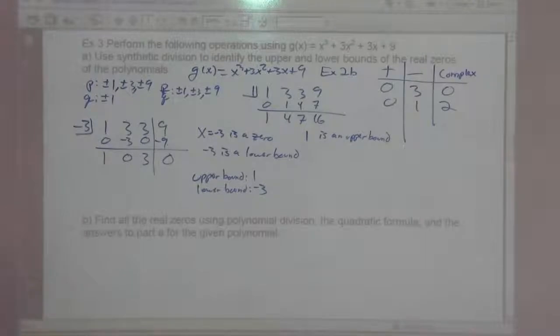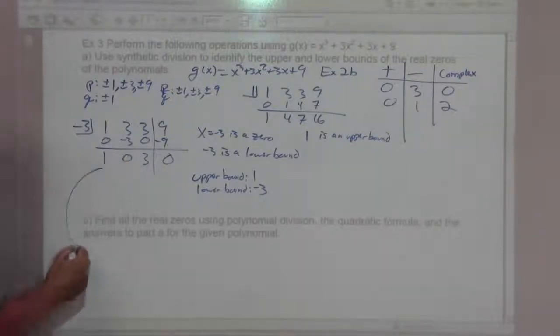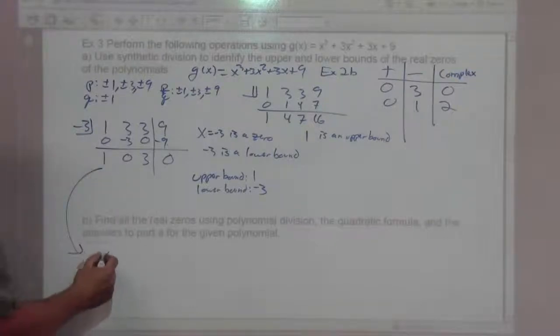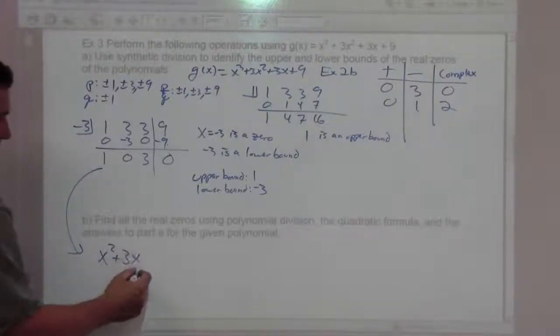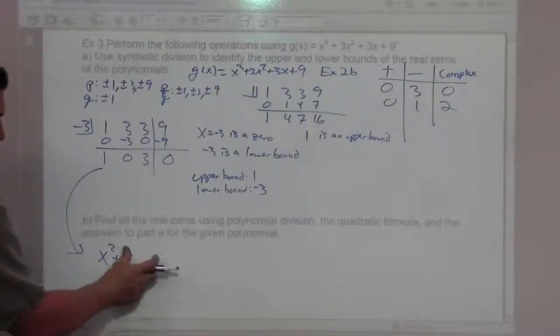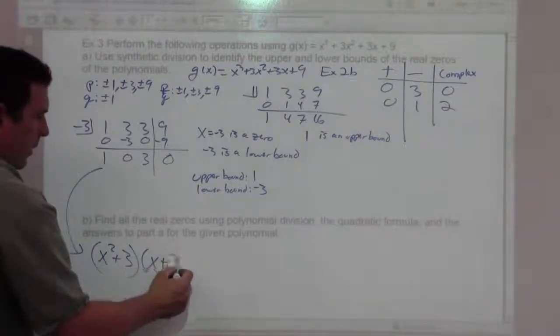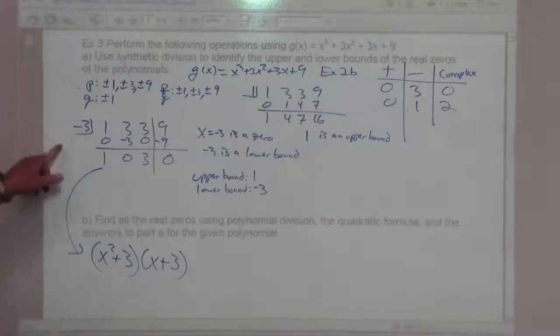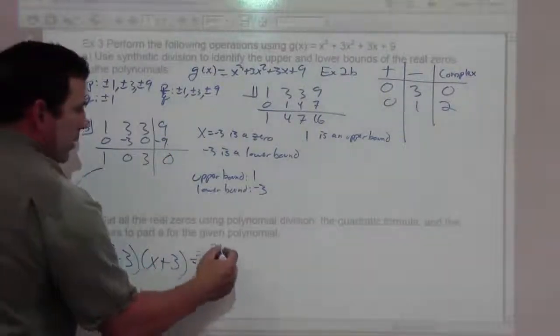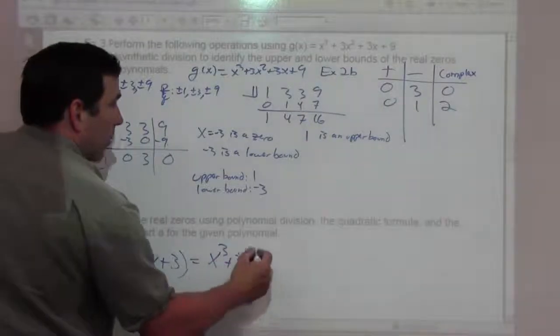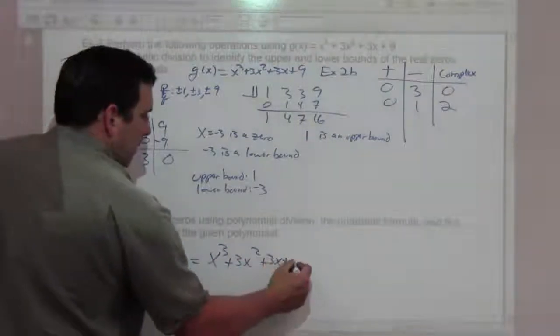Now find all the real zeros using polynomial division. Well, from what we just saw here, we have x squared plus 3 times x plus 3 from this. That's going to be equal to our x cubed plus 3x squared plus 3x plus 9.